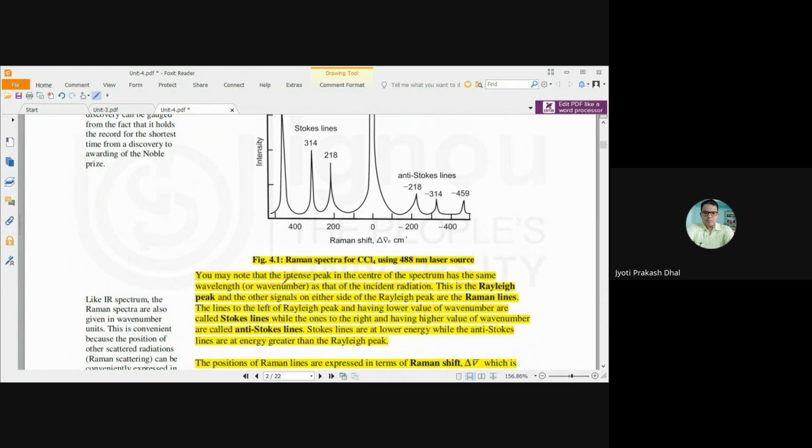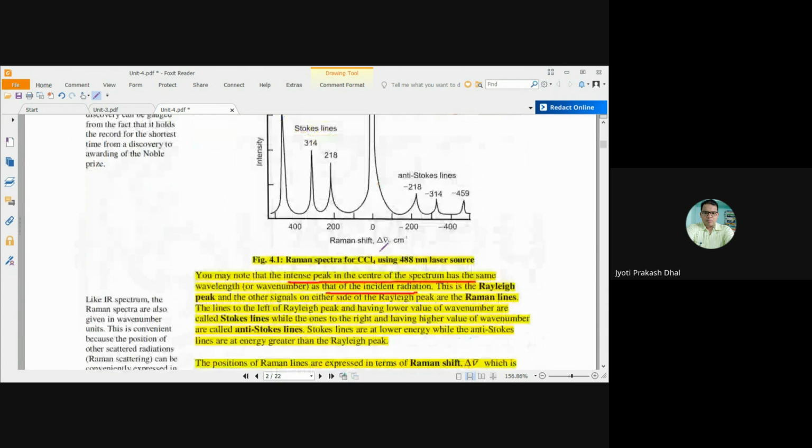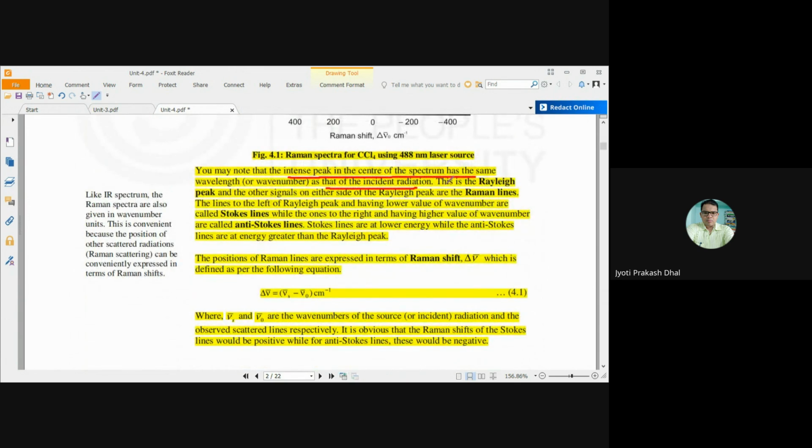Here you can notice the intense peak at the center of the spectrum has the same wavelength as that of the incident radiation. That radiation is called Rayleigh scattering. So this is the Rayleigh peak, and the other signals on either side of the Rayleigh peak are called Raman lines.